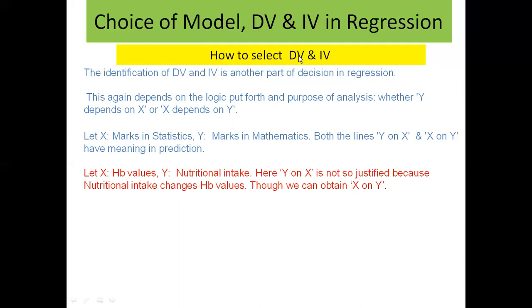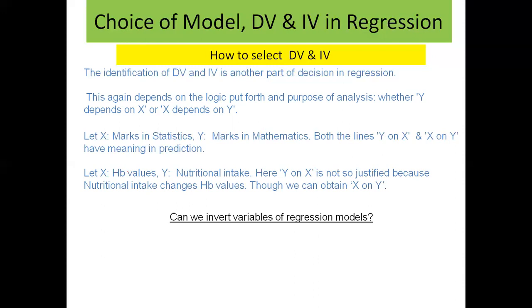Hence, how should we select dependent and independent? It's the researcher who decides by reasoning or theory or literature review which is better to choose as dependent and independent. Now, can we invert variables in a regression model? Suppose I have made y equals beta 0 plus beta 1 x.